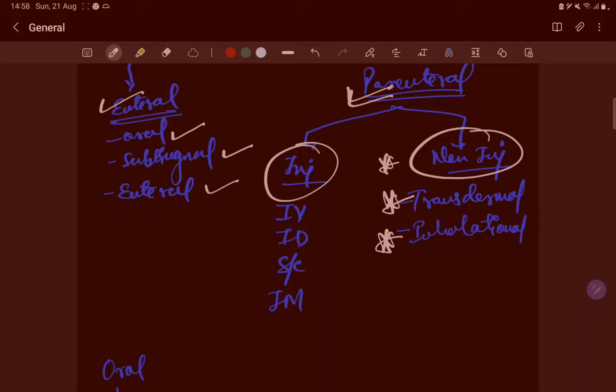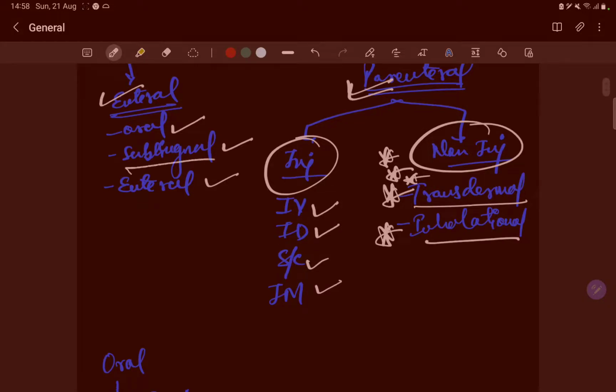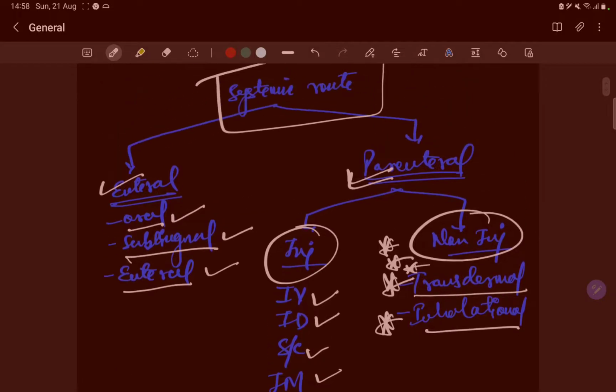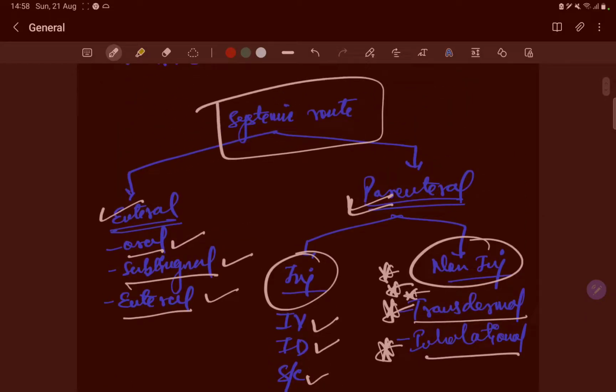When we say parenteral, everyone thinks of IV, but no, the injectable parenteral includes IV, intradermal, intramuscular and subcutaneous. But transdermal is a non-injectable formulation, and it is a potent MCQ as well as a viva question. Inhalational is also a non-injectable parenteral formulation. Sublingual, rectal and oral are the enteral routes of the systemic route of administration.